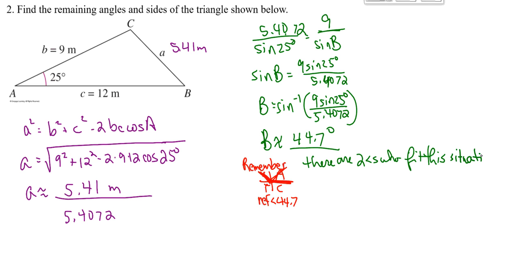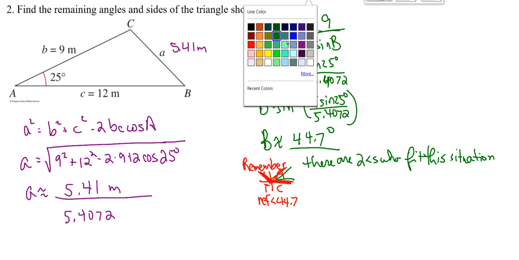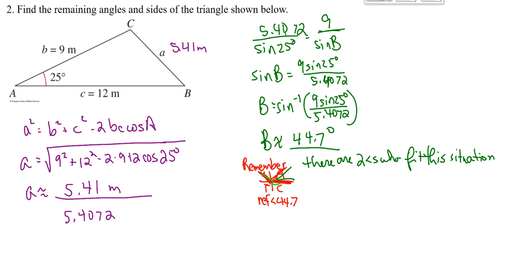So it could be 44.7, but it could also be, if I draw in the other angle here with that reference angle of 44.7, 180 minus 44.7, which would equal 135.3. But notice if we use that one, we do have to do a little thinking here.